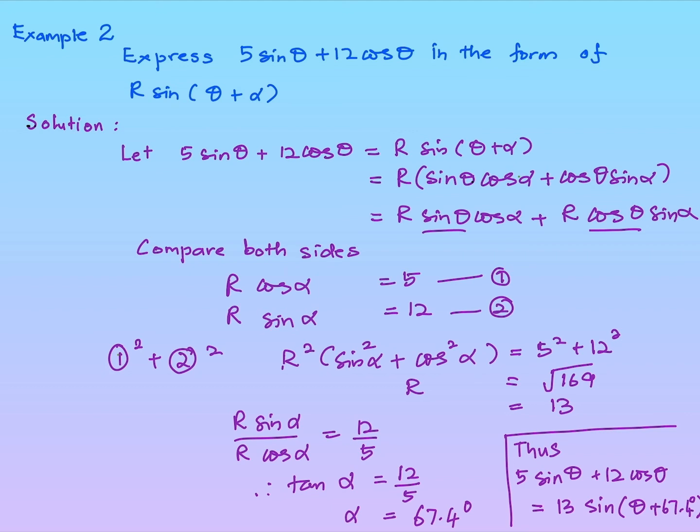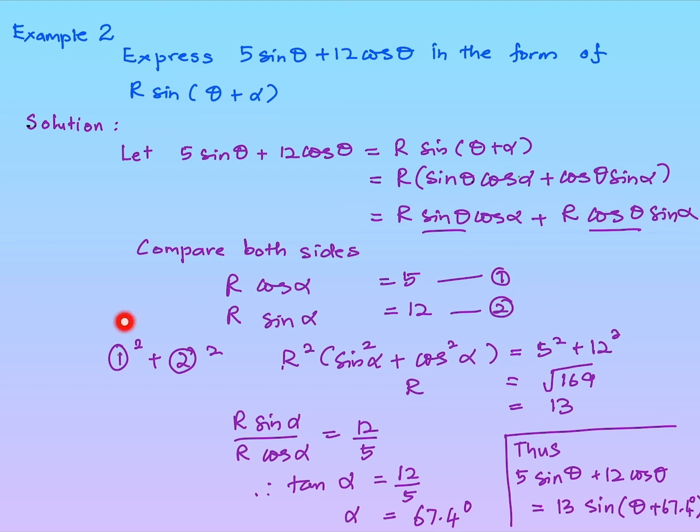And we do the same thing for the coefficient of cos theta. On the left hand side is 12, and the coefficient of the cos theta is r sin alpha. So we mark this one as equation number 1, and this as equation number 2.